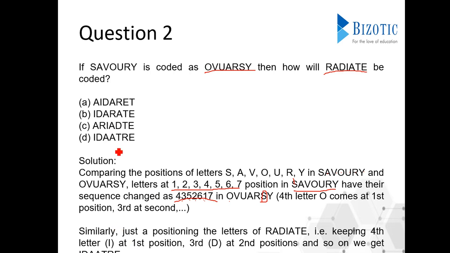And then A is 2, D is 3, I is 4, A is 5, T is 6, E is 7 from the word radiate. So look for this position 4, 3, 5, 2, 6, 1, 7 and replace all the letters that you have marked for radiate to get the answer, which is option D, with the position of 4, 3, 5, 2, 6, 1, 7.